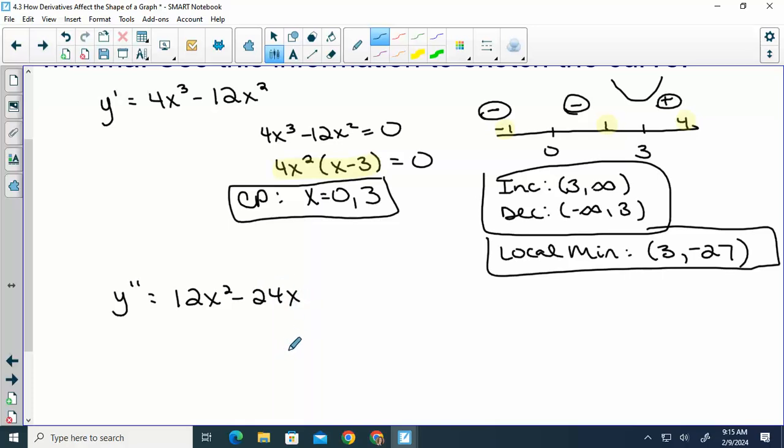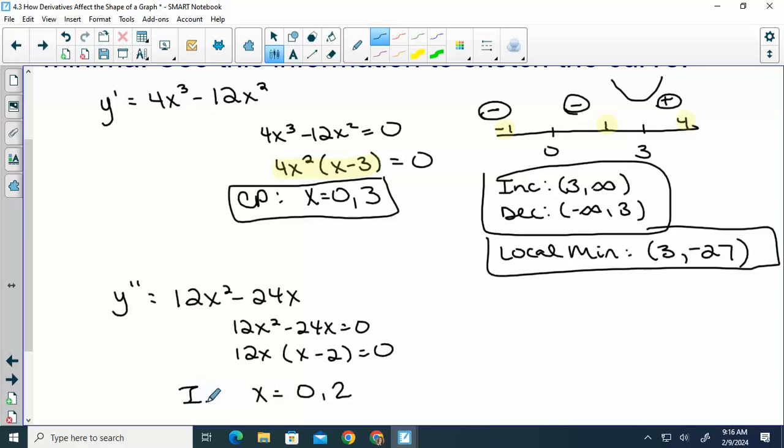And inflection points are where the second derivative is 0 or undefined. So if we take out 12x, that would leave us with x minus 2. So we get x equals 0 and 2. Those are the inflection points, places where the concavity might change.